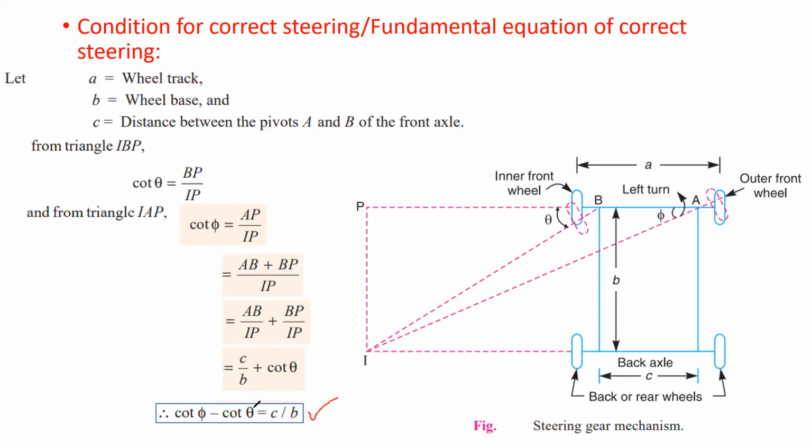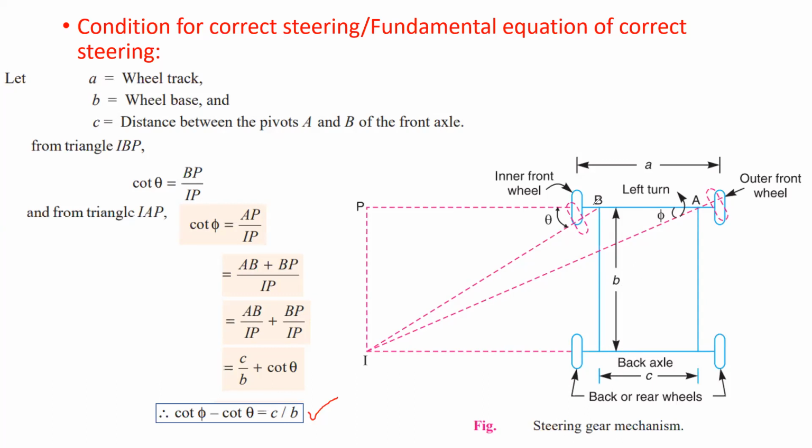Cot phi minus cot theta should always come as constant, which is equal to c upon b. So you should remember what these parameters are, what is c and what is b. B is the wheelbase, easy to remember. C is the distance between the pivot points on the axle, where the axles are pivoted.